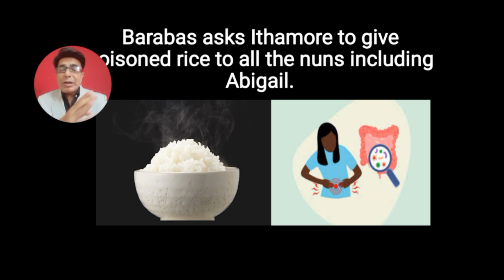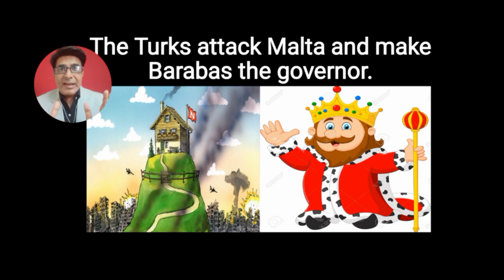He plans to kill all the nuns living in the convent. Barabbas asks Ithamar, his slave, to poison all the nuns. Ithamar serves some poisoned rice to all the nuns, and as a result, many nuns die because of the poison.